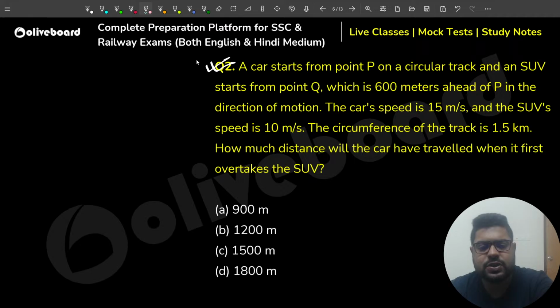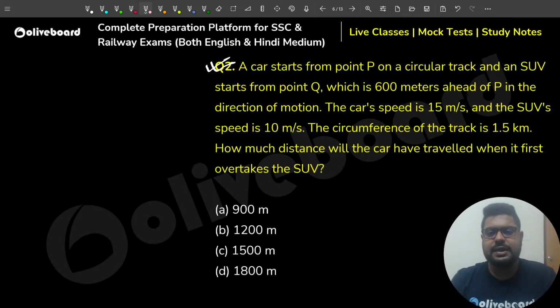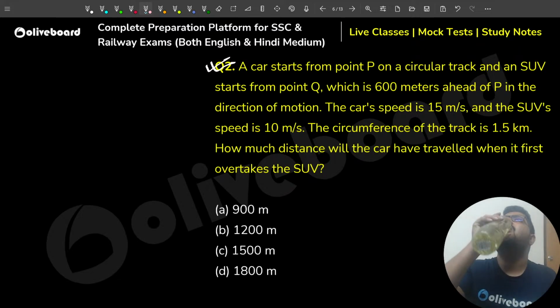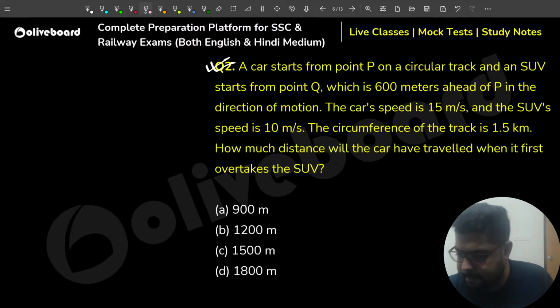Again, 30 seconds to 1 minute I'm giving you, chalo. Please solve this, everyone. You have a minute's time. Jaldi banao, sir. Everybody, do this very quickly.